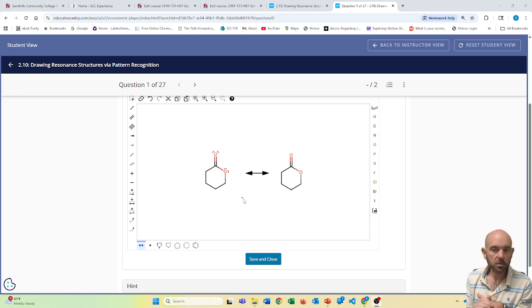In this particular pattern, you'll end up with an oxygen with a positive formal charge, an oxygen with a negative formal charge, and the pi bond that we currently see here should move to a different location in order to get the correct answer.